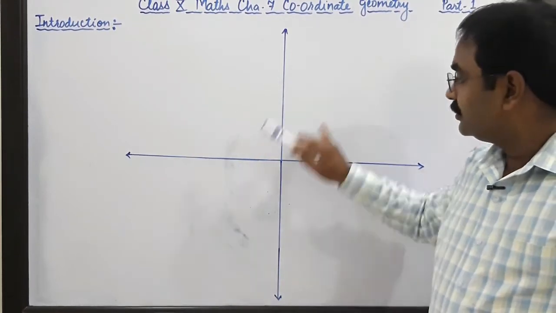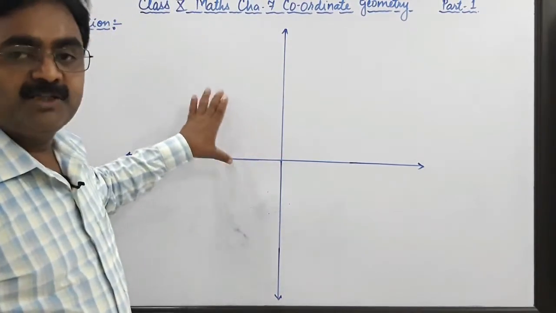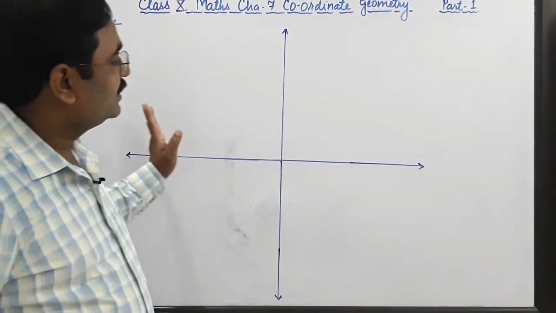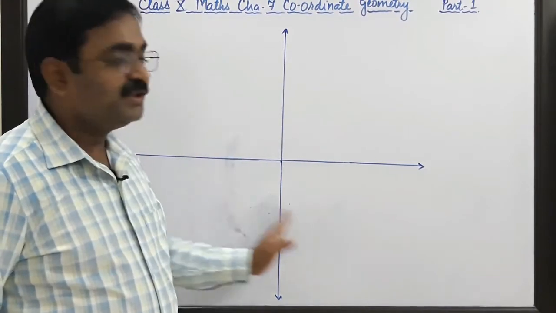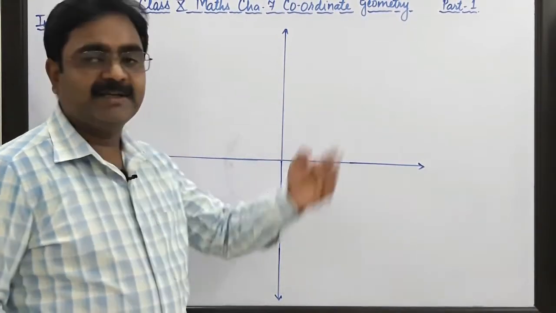So this is the coordinate system, this two-dimensional plane. This plane is divided into 4 parts by these 2 axes, this vertical line and this horizontal line.